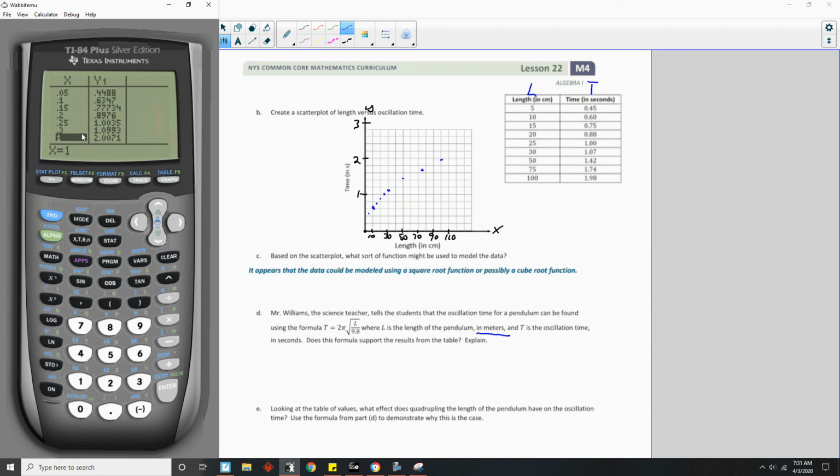Okay, so there was enough room. 0.77 is close to 0.75, then 0.88, 0.897, 1.07, 1.09, and finally all the way down, 100 centimeters was 2.0071 and the last was 1.98. So that is very close. So yes, that would be a good representation of this data.